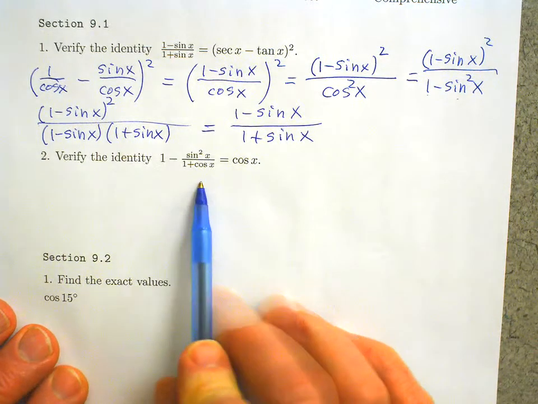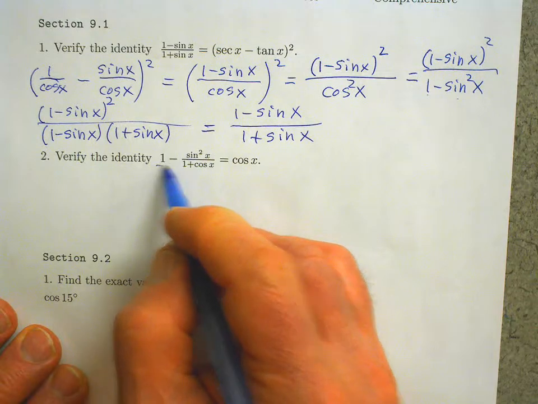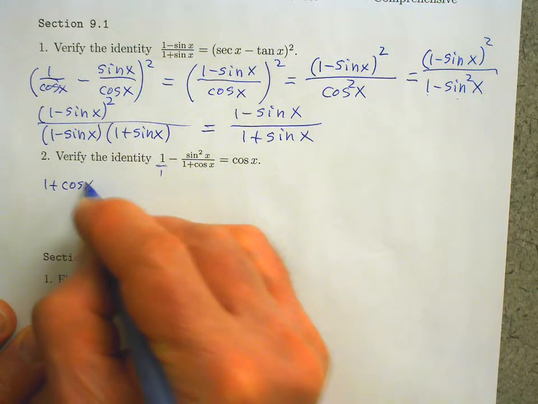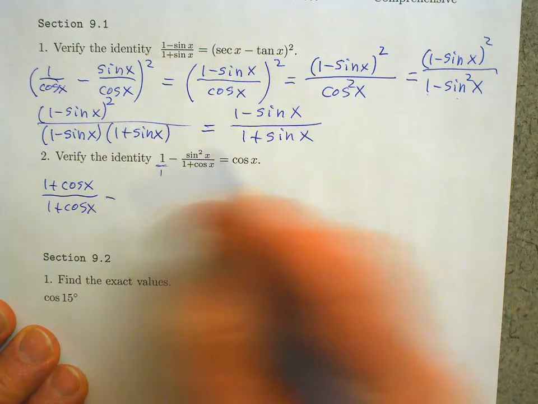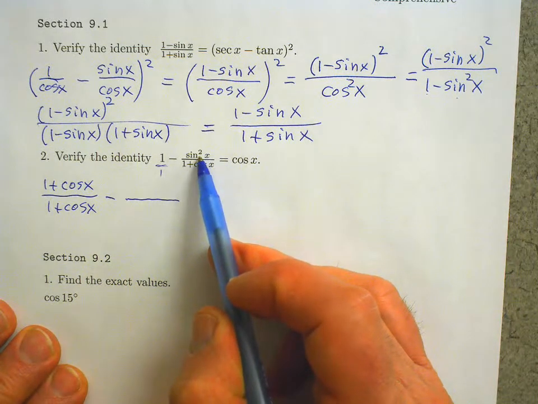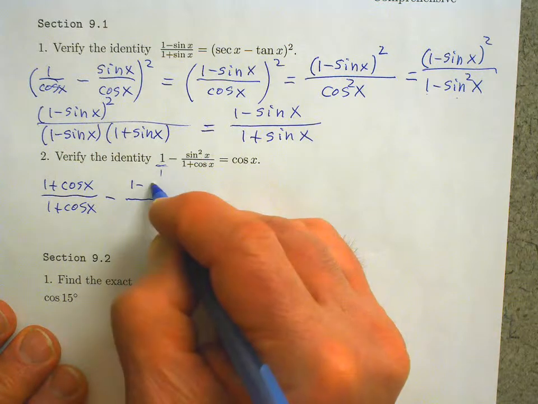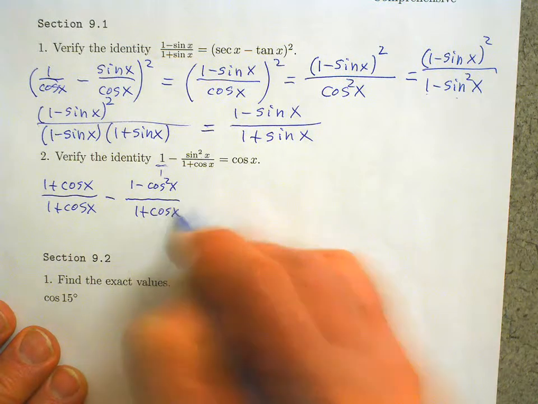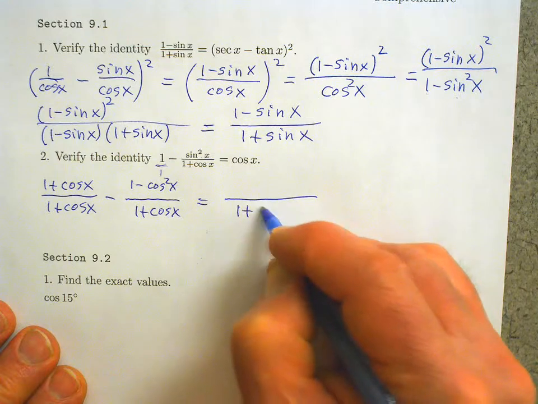For this one, start on the left-hand side and then replace 1 with 1 plus cosine of x over 1 plus cosine of x using the common denominator. And then we probably want to replace sine of x squared in this numerator with 1 minus cosine of x squared. And now that we have a common denominator, 1 plus cosine of x.